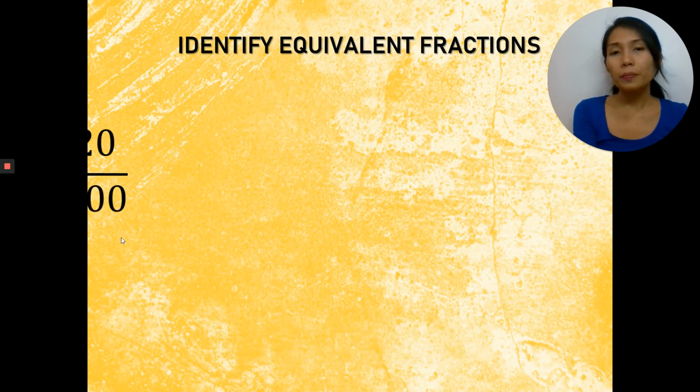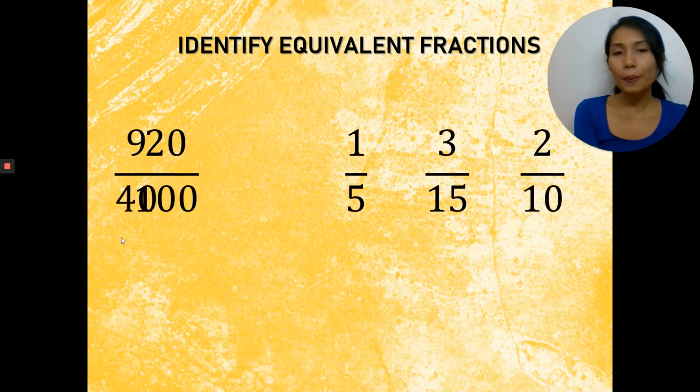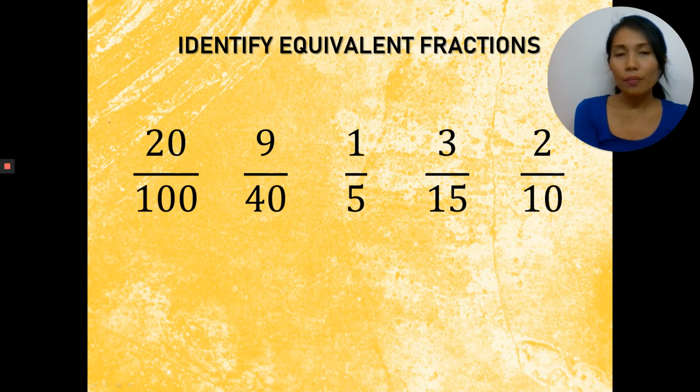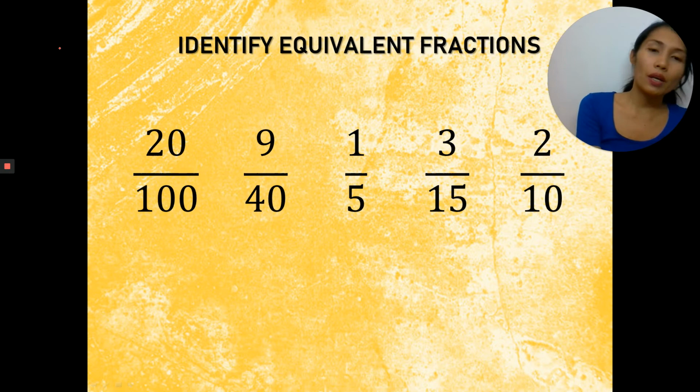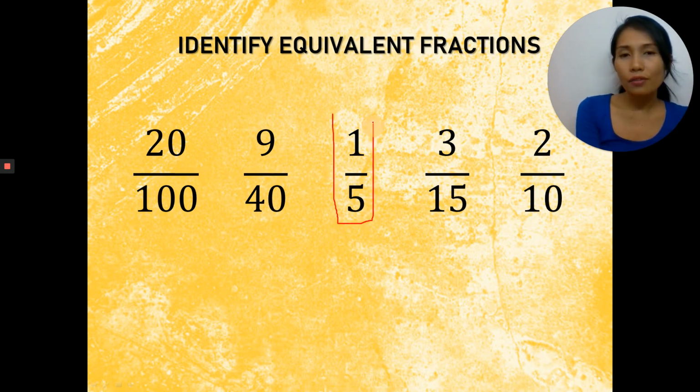All right. Another example. Let's start from the smallest denominator. And here the smallest denominator is 5. So we will start with 5. 5 times what factor? 5 times 3 equals 15.